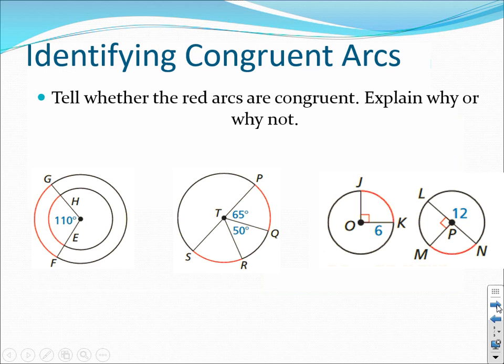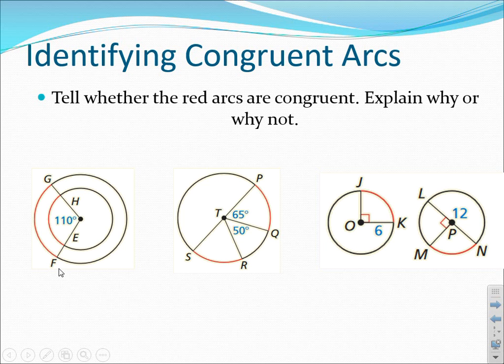And then here are three examples. I'll go through the first one, and I want you to do the last two in your notes to be checked tomorrow. What you need to do is tell me whether or not the red arcs are congruent, and make sure you can explain why or why not.